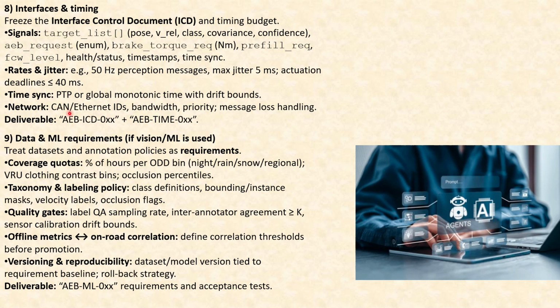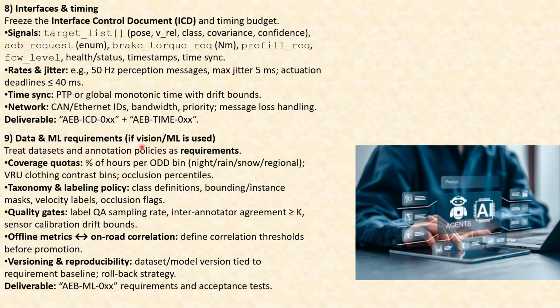And when it comes to network: CAN, Ethernet IDs, bandwidth, priority, loss handling. The deliverable comprises the interface control document and also the time values for various kinds of synchronizations.